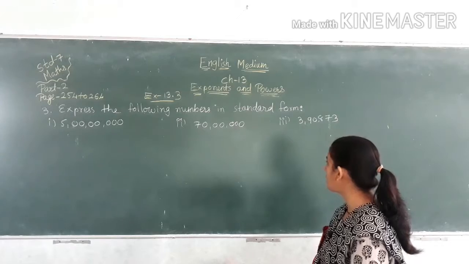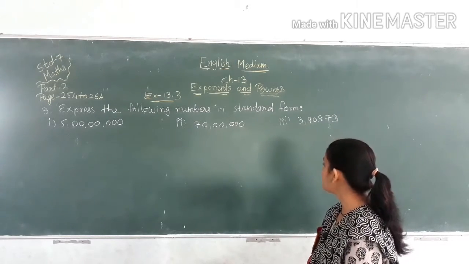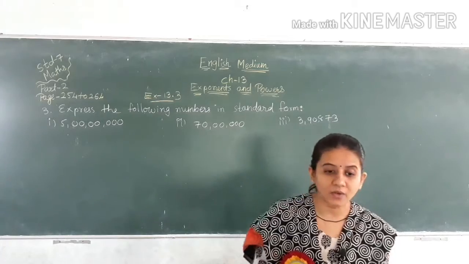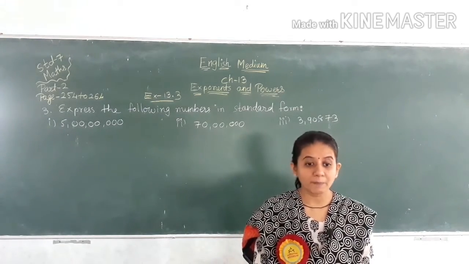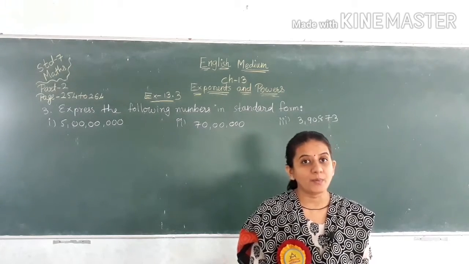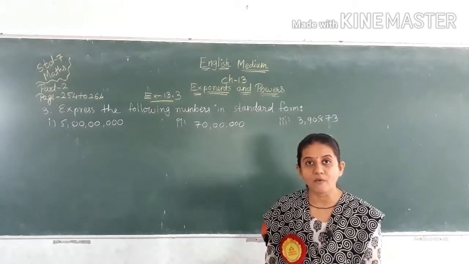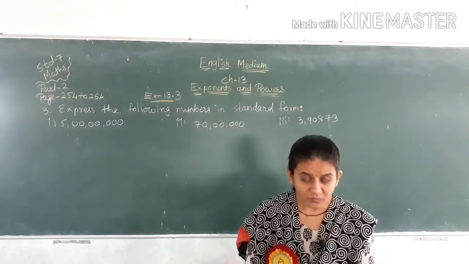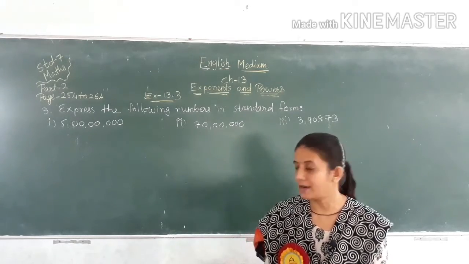Express the following numbers in standard form. What is the standard form? Any number can be expressed as a decimal number between 1.0 and 10.0, including 1.0, multiplied by a power of 10. Such a form of a number is called standard form.